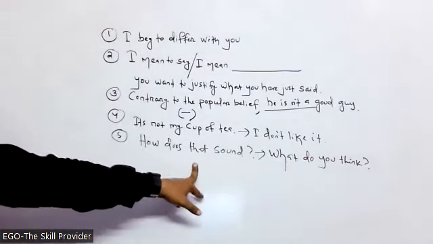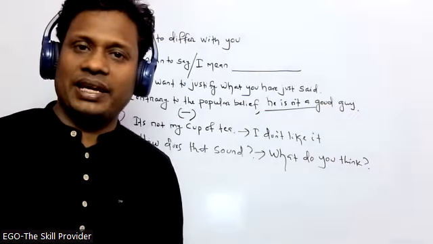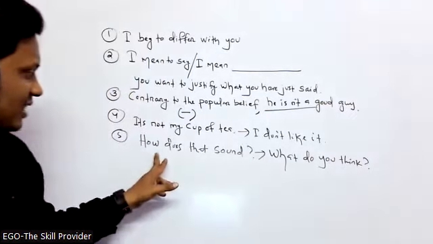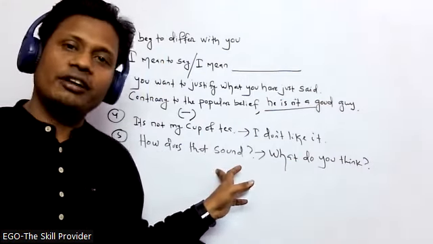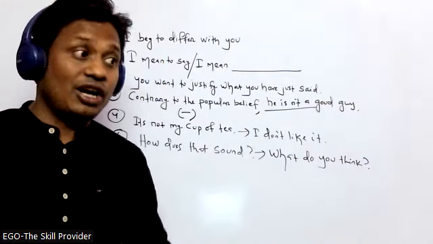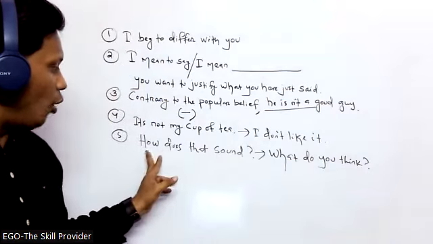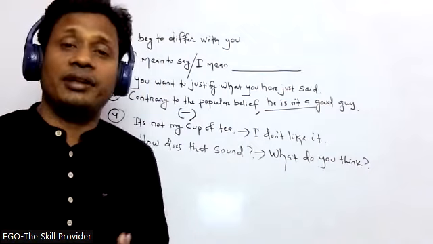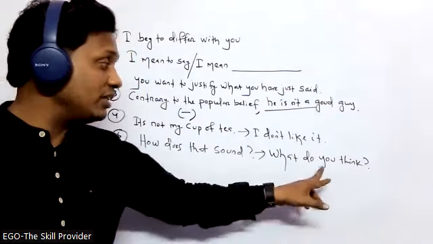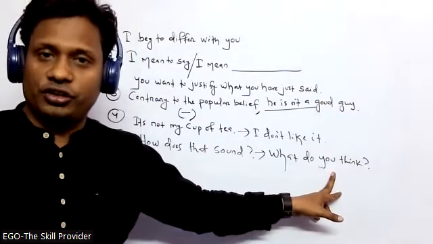How does that sound, what do you think, exactly the same meaning, but this is something called American English. I already informed you of sounds good, sounds interesting. So that is how the people of America express some things. What do you think is almost British communication.